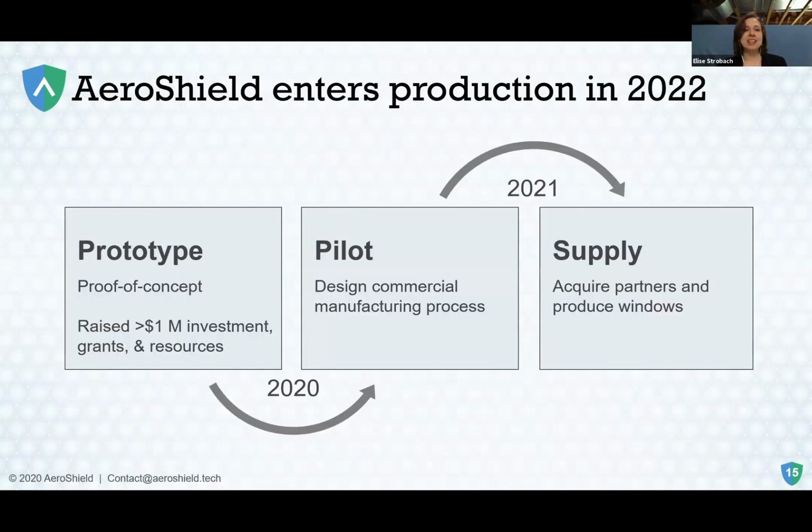So Aeroshield in particular spent a lot of time in the lab, really setting up a strong foundation. And right now we're transitioning into pilot mode, where we can actually demonstrate the manufacturability and the practical considerations for bringing a technology like this to market, with the goal of being able to supply some first really niche markets in late 2022.